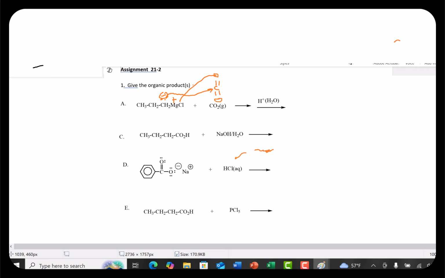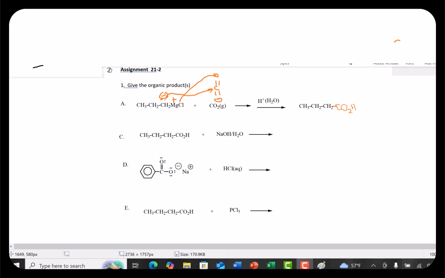This is going to basically produce a carboxylic acid. So go ahead and write that structure out. And this is the final product after the acid workup.